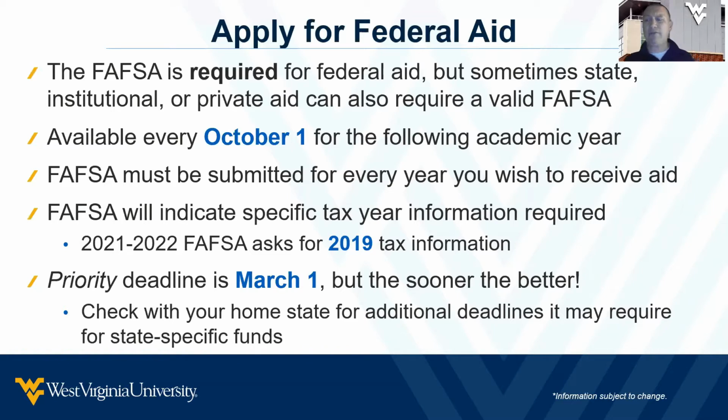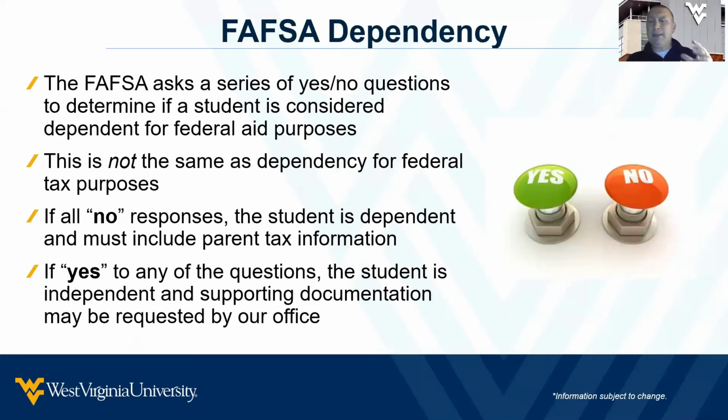The next thing that you're going to find out is really just to say, what are those things that I need to include? Do I have to provide my parents' information, or shouldn't I just be considered independent? Well, there is a dependency process, and the FAFSA will ask you a series of yes and no questions to identify, are you classified as an independent, or will you be dependent?